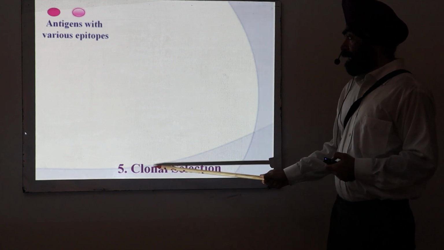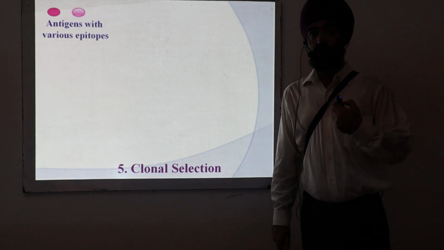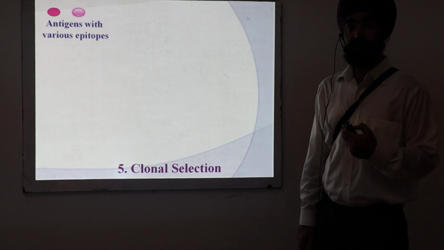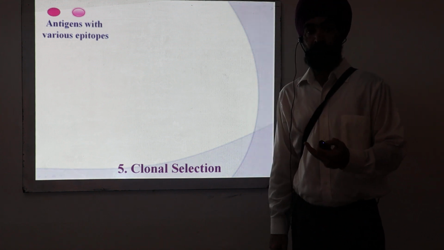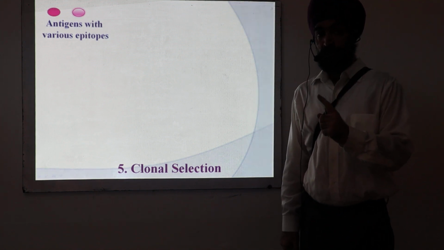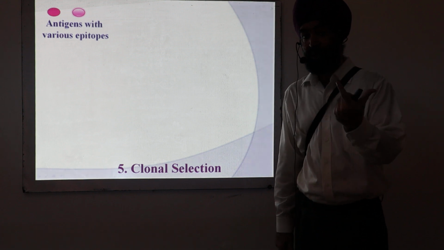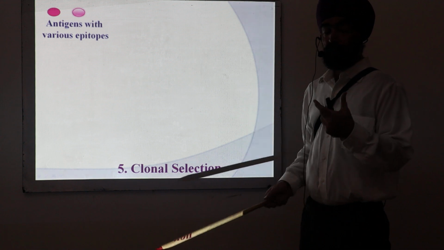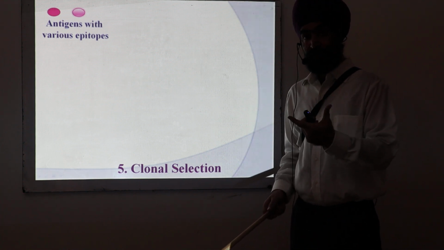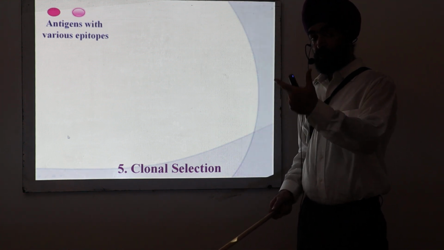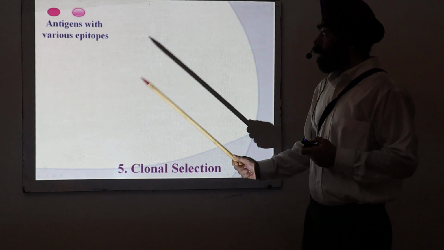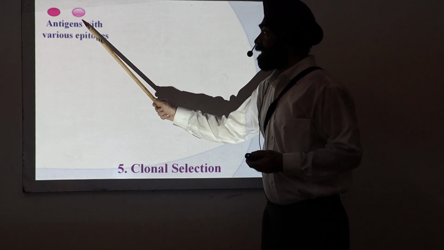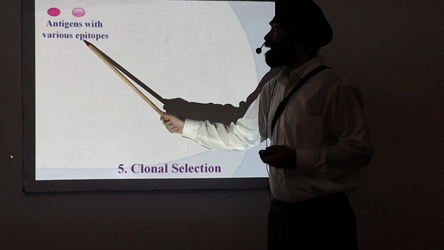Now there is another procedure which is called clonal selection. As I told, we need to produce monoclonal antibodies, from a single clone which can form identical antibodies. Remember we took the mouse and injected it with the antigen. The antigens had various epitopes.